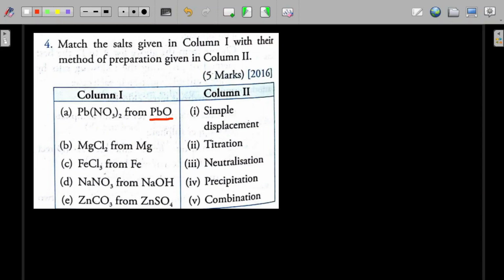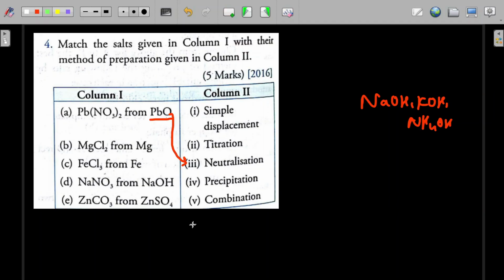Here PbO is a soluble or insoluble base? Insoluble, because I know the soluble bases are NaOH, KOH, NH4OH. So PbO is an insoluble base, so it should be neutralization, not titration.